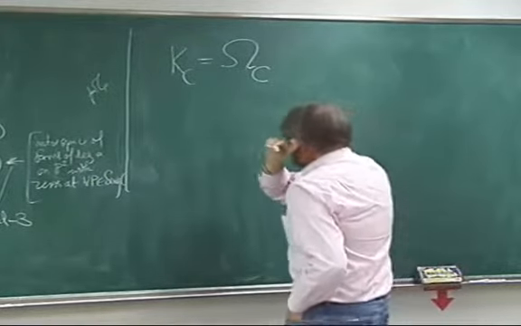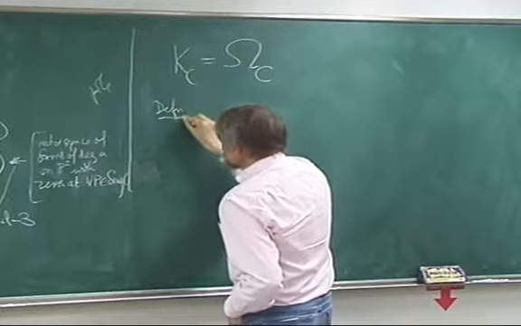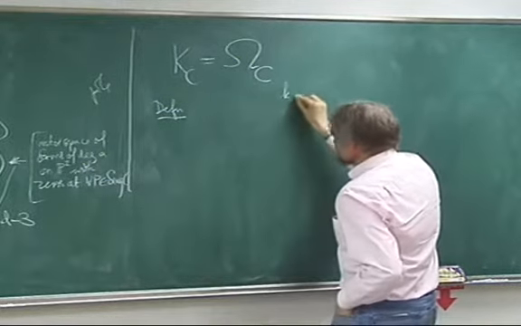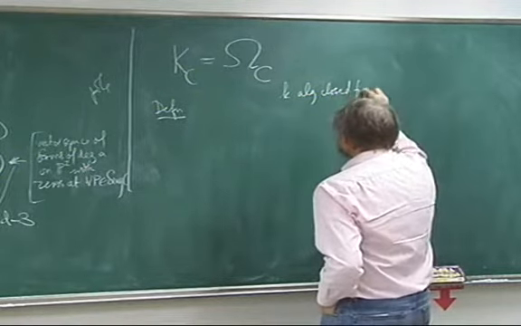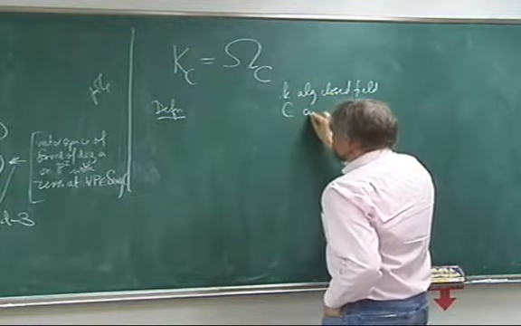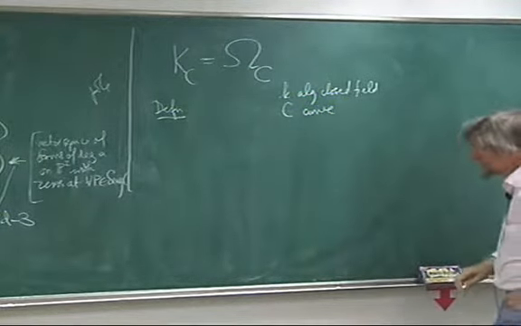So let me just say, this is a definition. Remember, K is an algebraically closed field, and C is a curve, a non-singular projective algebraic curve.